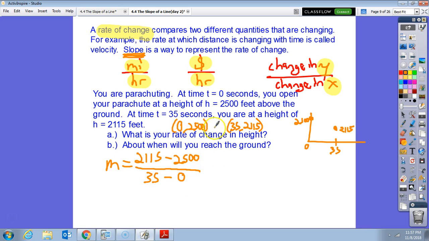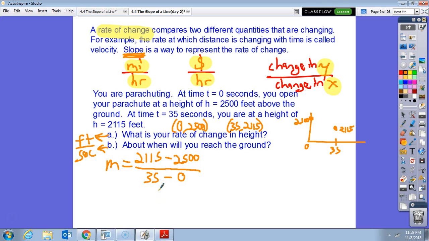Now, I can know these are my x's and y's even without understanding how graphs work. If I just think about it, it's going to be feet per second. Change in y over change in x. Let me do that one more time, make sure you understand what I'm saying. The change in y's would be the feet. The change in x would be the seconds.